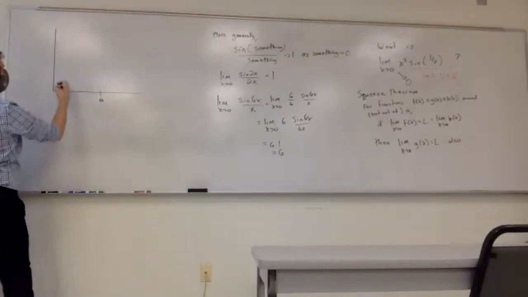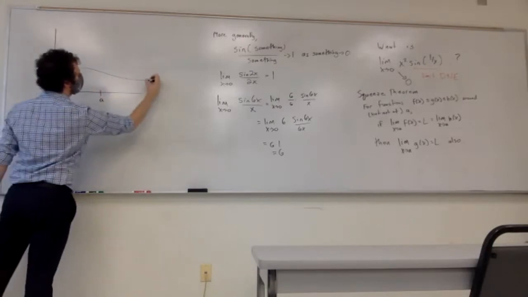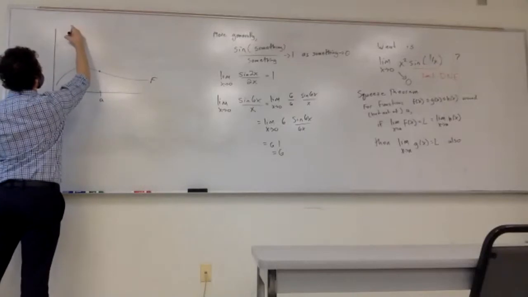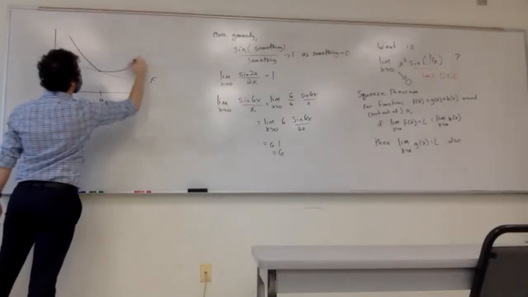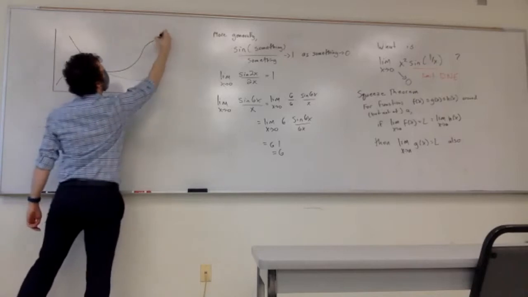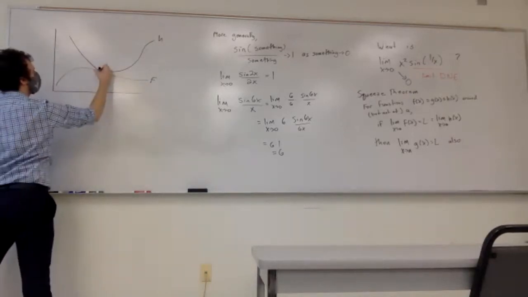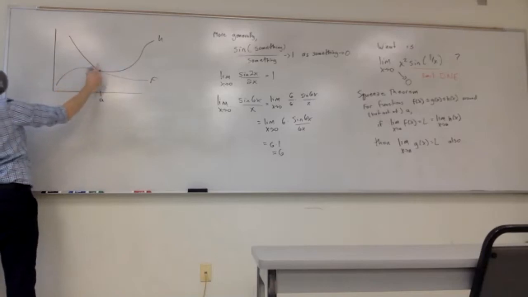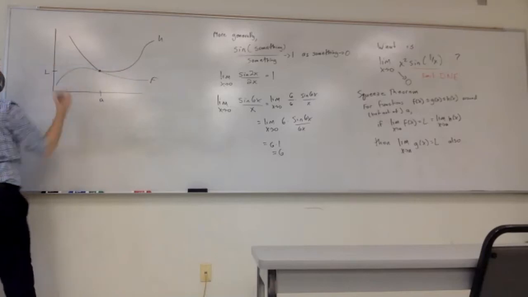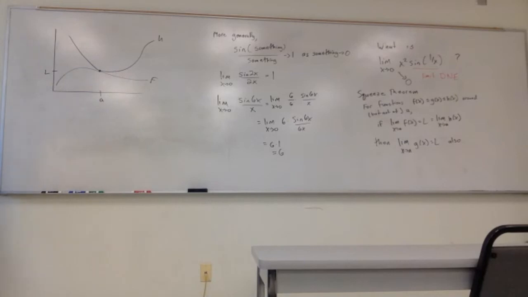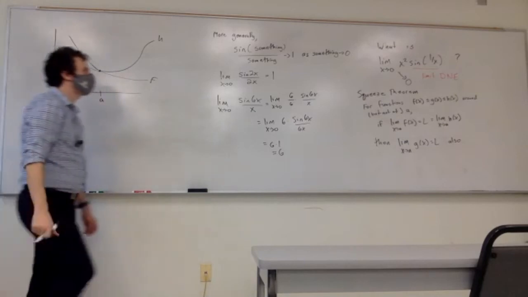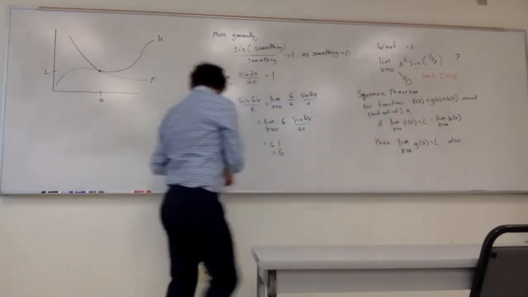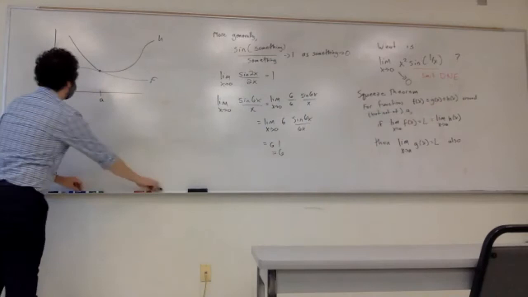There's some point A, there's some function f here, there's some other function which will be h. Their limit is the same at this point A, which is over at L. And then what we're saying is, suppose there's some function that is stuck in between them.